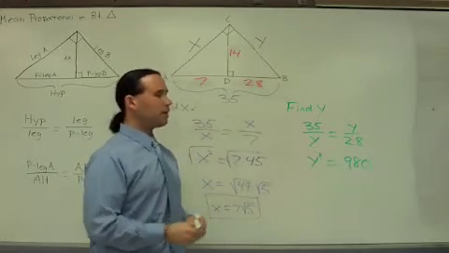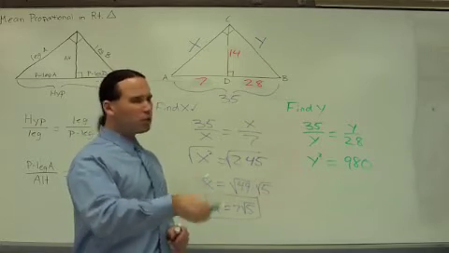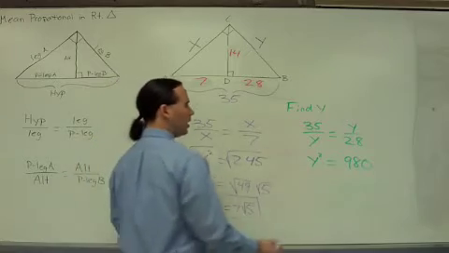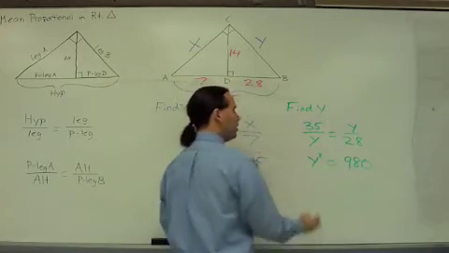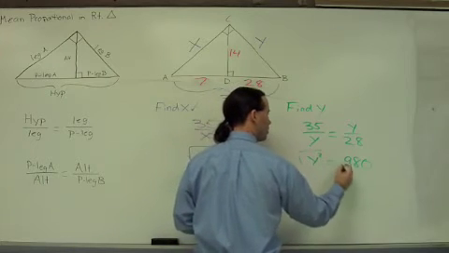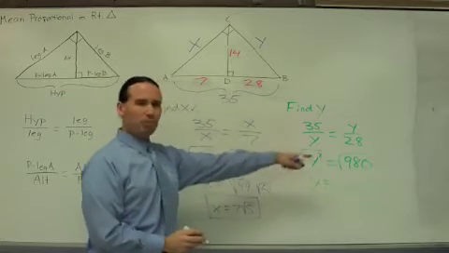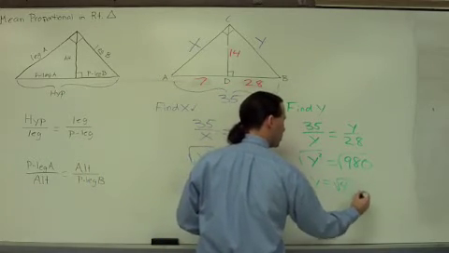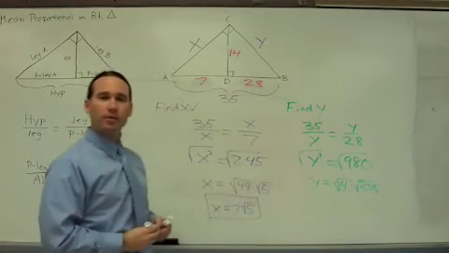You can play around with your calculator a little bit to find the largest perfect square that goes into 980. This one I'm just going to take a little bit of a shortcut or a long cut depending on how you think about it. I know that 4 goes into this number. 4 goes into 100, 4 goes into 80. So if I take the square root of both sides here, I get y is equal to, and I can replace radical 980 with radical 4 times radical 245.